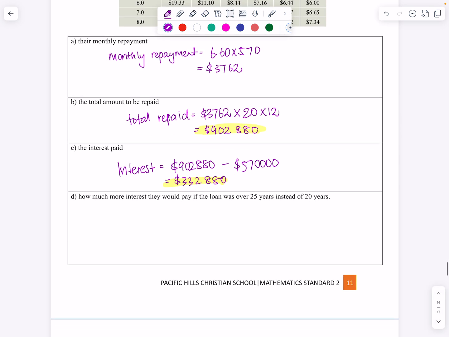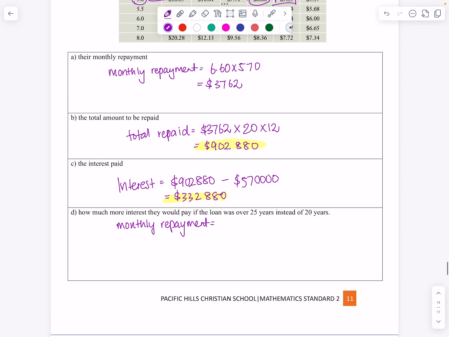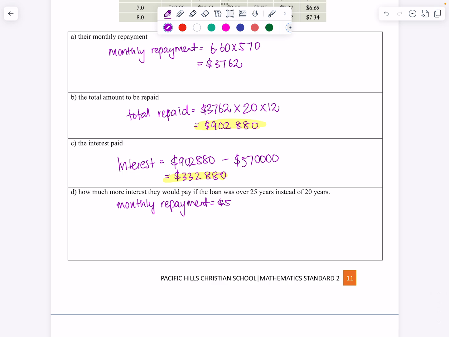So $5.85. So the monthly repayment, let's start off by calculating that first, is equal to $5.85 times, because that's only for every $1,000 borrowed, but remember we're borrowing $570,000.